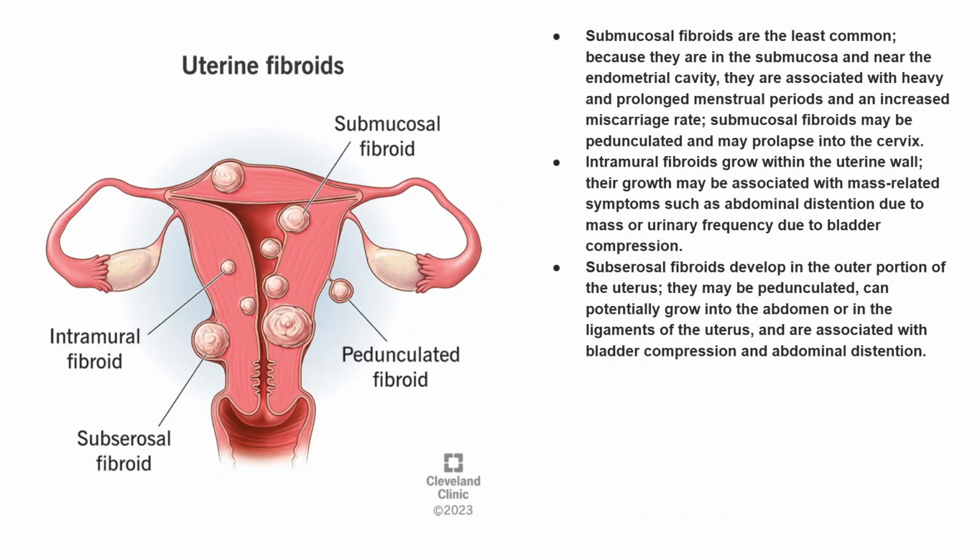Almost the majority of these are benign, and they are classified based upon their location. Submucosal fibroids are located just below the mucosa. Below the mucosa, they can affect fertilization or embedding in the uterus, and the fetus could also be affected.